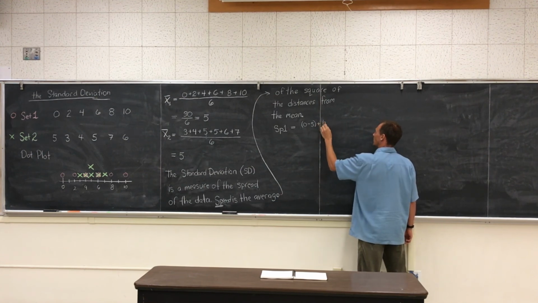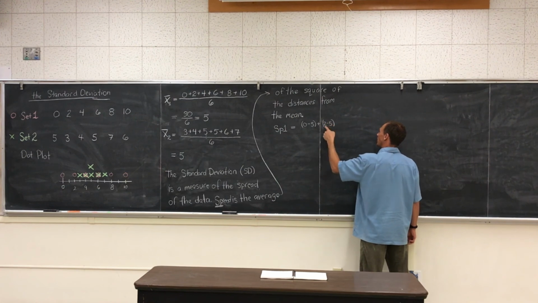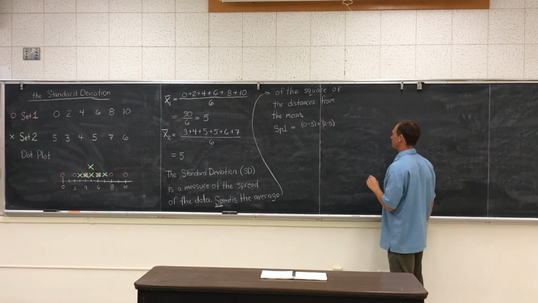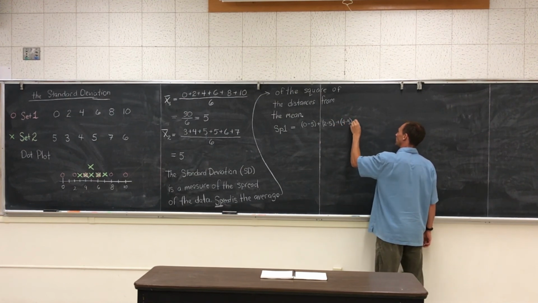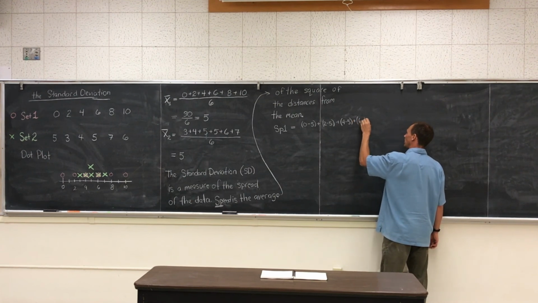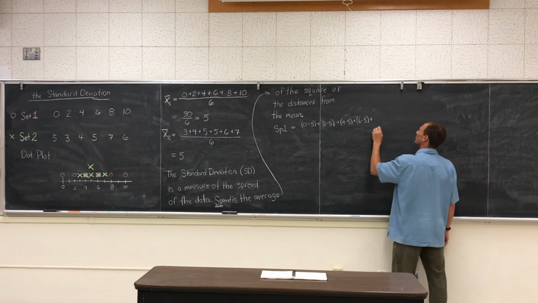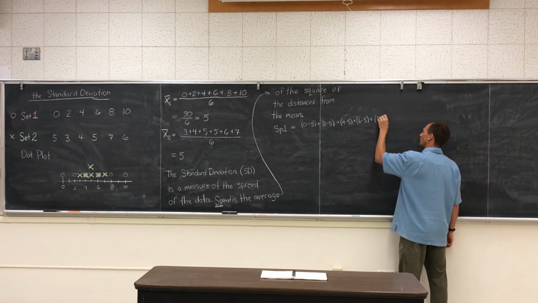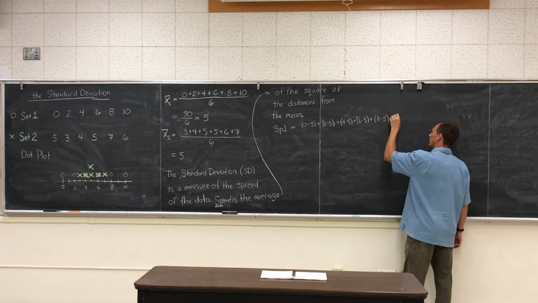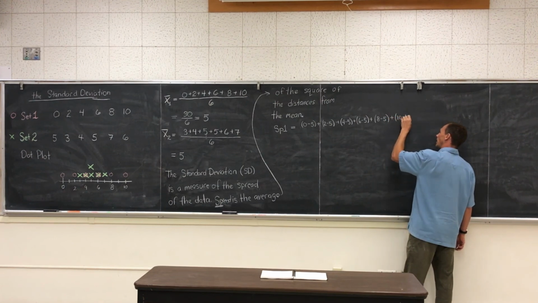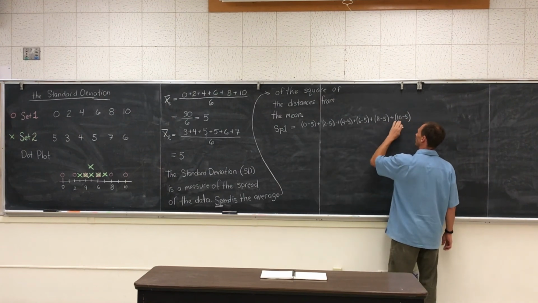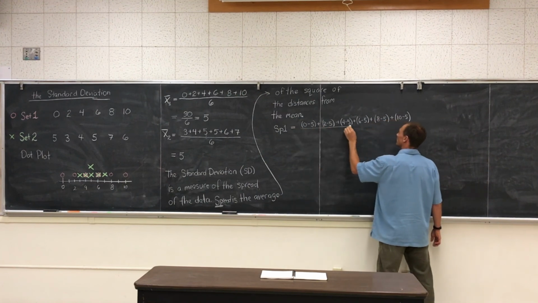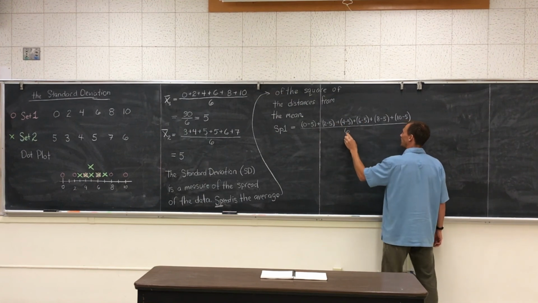Well, the next value is 2, so 2 minus 5, that would be the distance from the mean, plus 4 minus 5, plus 6 minus 5, plus 8 minus 5, plus 10 minus 5. Now, these are all the distances from the mean. And we want the average. There's 6, so let's divide that by 6.